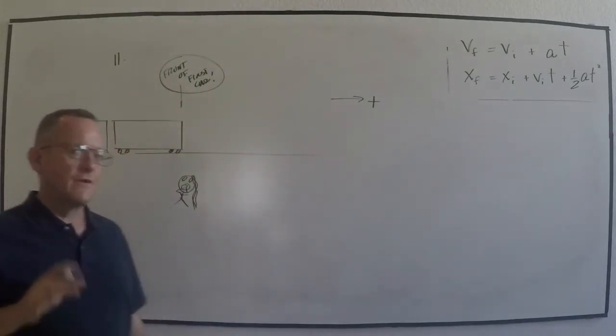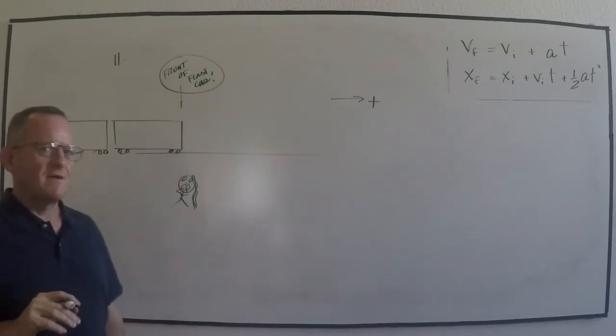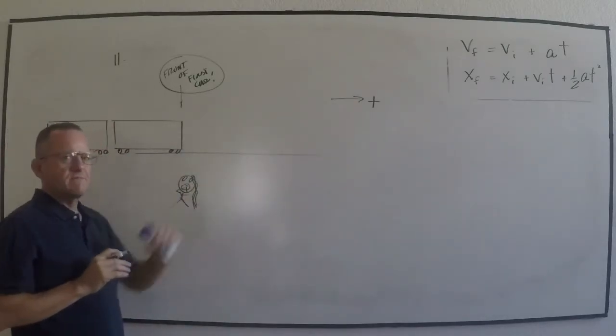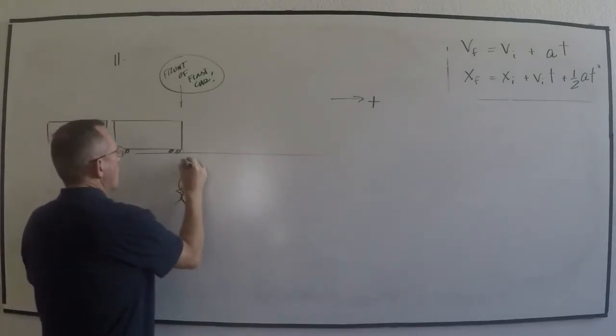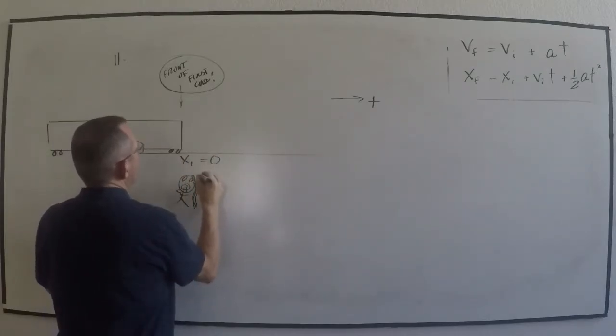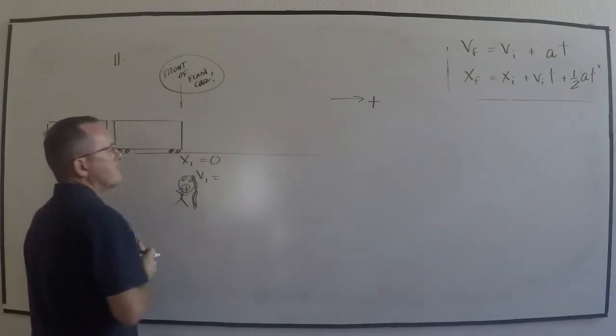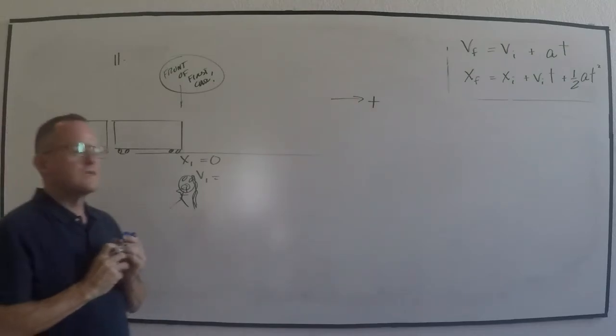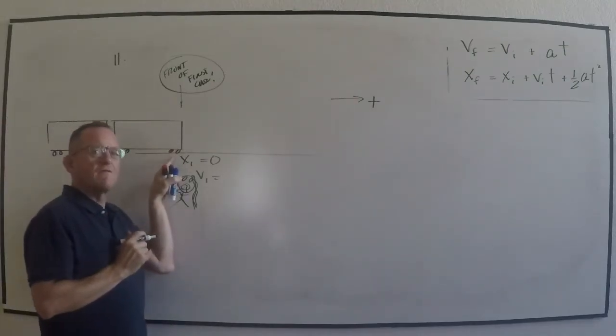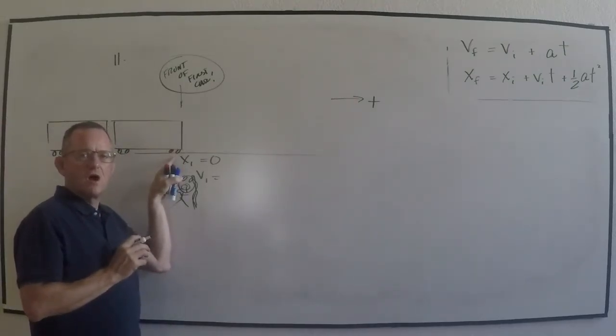Let's just consider the front of the train, and we want to track its motion. I am going to call this x1, v1. What is our next point of interest for the front of the train, the front of the first car?